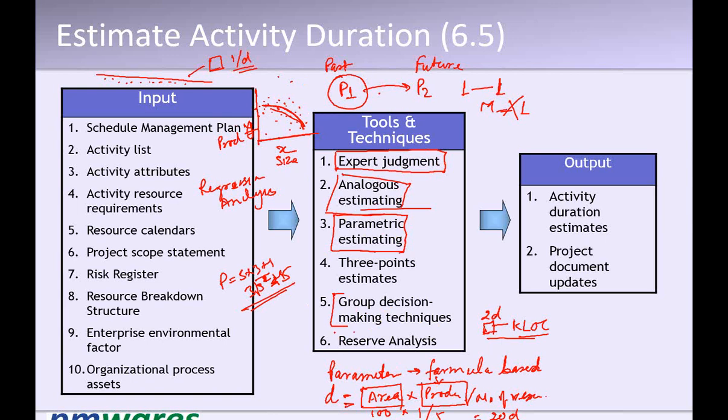What is reserve analysis? Reserve analysis says that during this timeline, if your project is of 50 days, have some reserve, say 5 days, 10%, let's say. Have some reserve and then distribute this reserve in appropriate places, so that you not only deliver milestones on time, but also deliver the final project on time.